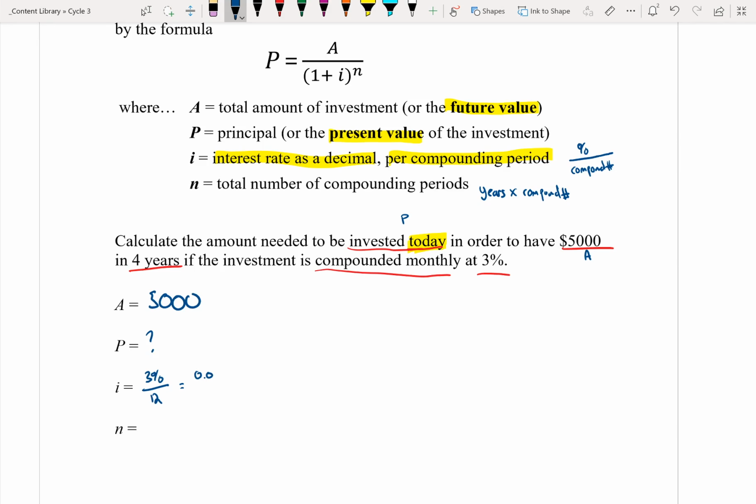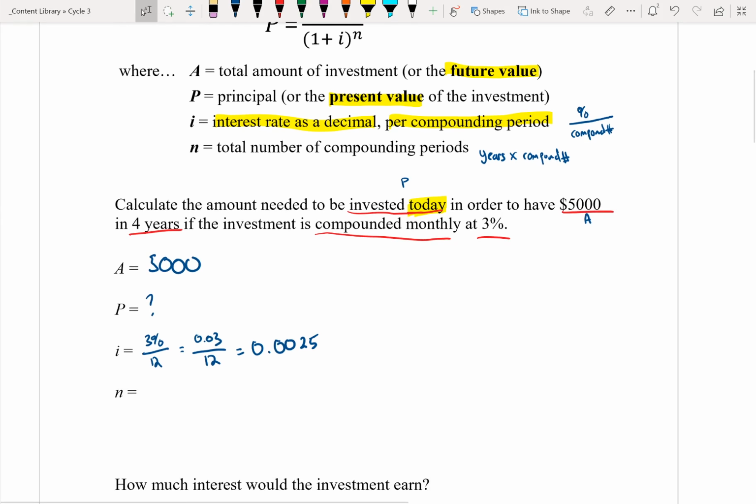So 0.03 divided by 12 is equal to 0.0025. And our n value is the number of years, 4 years, times our compound number, which is monthly. So once a month for 4 years, we get 48. So we have all of our numbers.